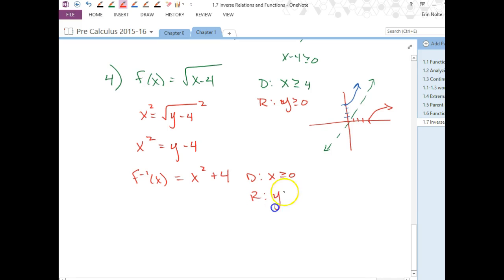My range is y has got to be greater than or equal to 4. It's switched. Why is it switched? Oh, it's the whole point of the inverse, right? We switch the x and the y. It's exactly what happens with the domain and the range. So now my restriction on the domain is x is greater than 0, which makes sense on the graph, and my y has got to be greater than, excuse me, greater than 4.